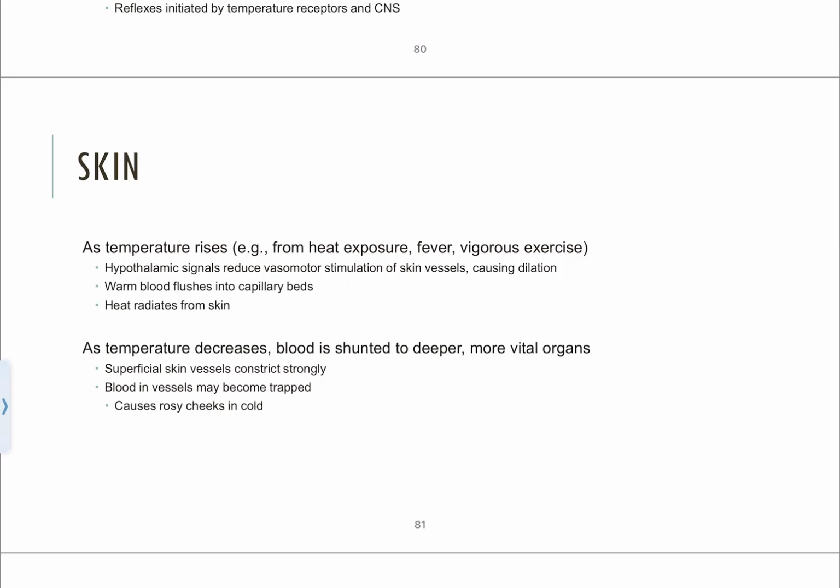If the reverse is true, if our temperature decreases, we're going to shunt our blood deeper where our vital organs are located. The blood vessels that lie deep to our skin are going to constrict strongly, helping trap the heat that we have.